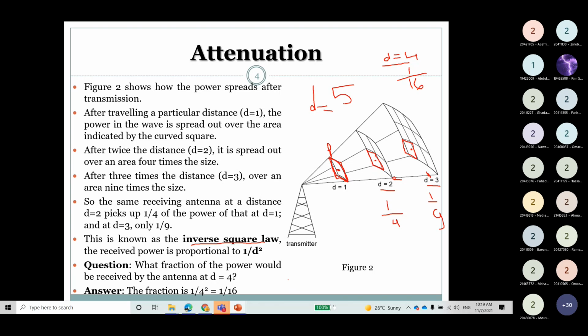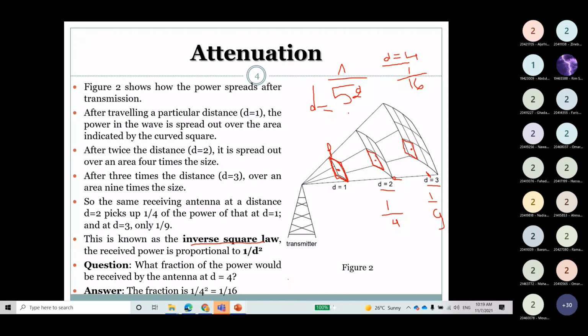Tell me, 25, good. The fraction is 1 divided by the square of 5, it is 1 divided by 25.